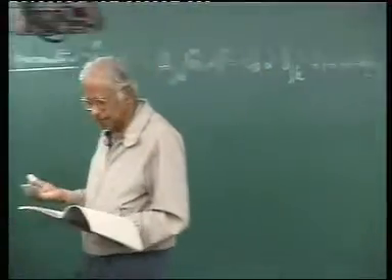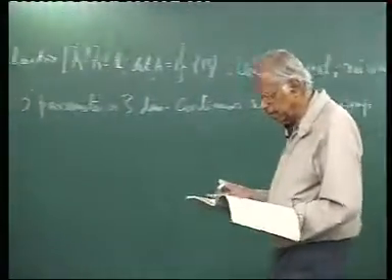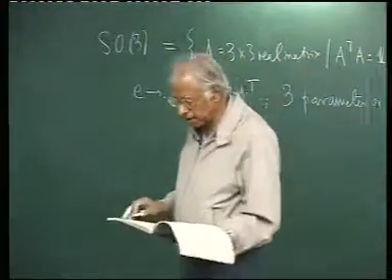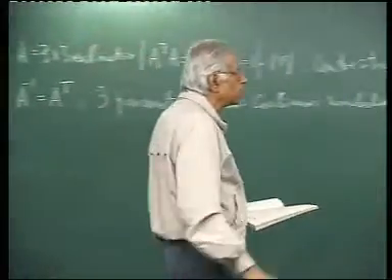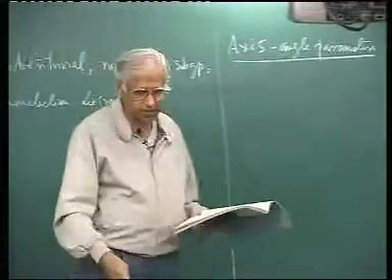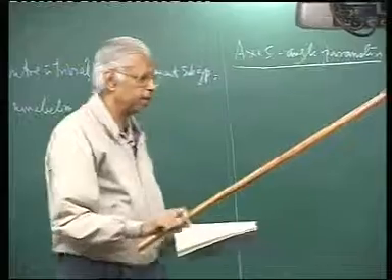You all know what it is, completely antisymmetric, and epsilon 1, 2, 3 is equal to +1. So I want you to start from this geometrical idea.